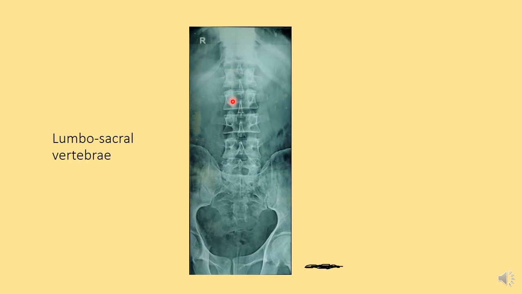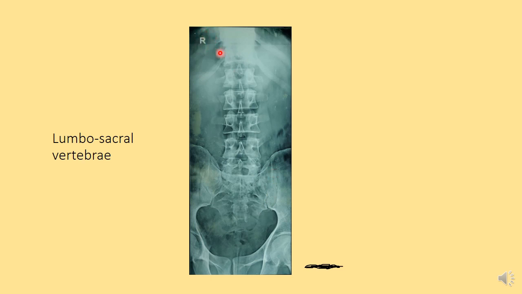Lumbar vertebra 1, 2, 3. You can see the spines as well, which are overlapping. These are the transverse processes. 3, 4, 5. You can see the intervertebral disc spaces, whether this space is decreased or on one side it is decreased. So this is the sacrum. This is the sacroiliac joint of the right side, and this is the left side.